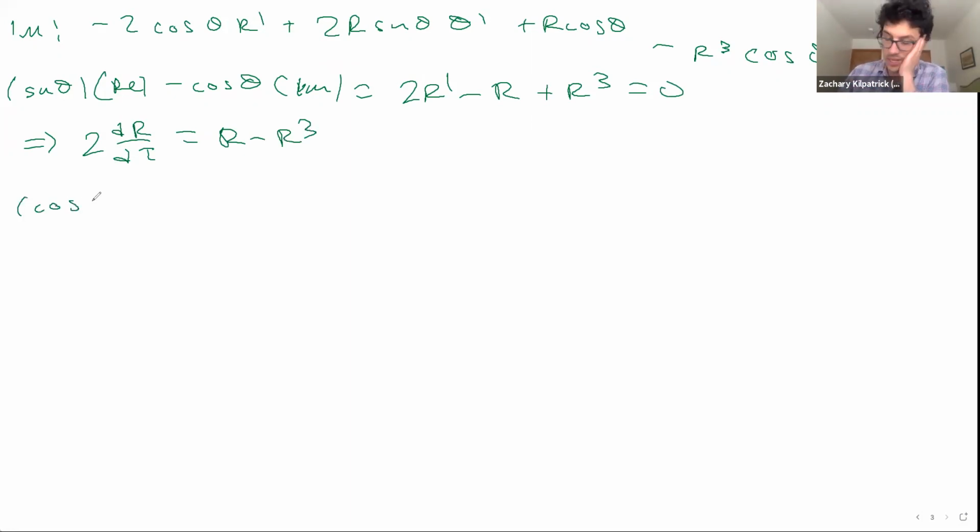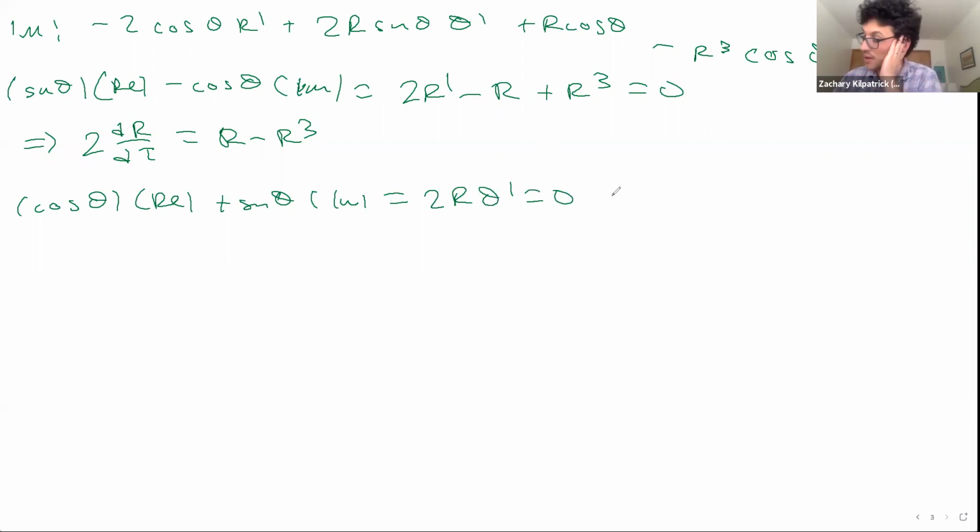And if we take cosine theta times the real part plus sine theta times the imaginary part, this is equal to 2r theta prime equal to 0. So this implies that either d theta/d tau equals 0 or that r equals 0, in which case we have a trivial proof. So let's just ignore that possibility for now.